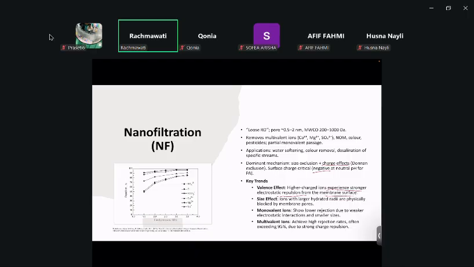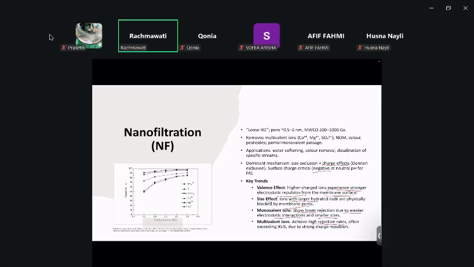And we also have the size effect, where ions with larger hydrated radii are physically blocked by the membrane pores. For monovalent ions, it shows lower rejection due to the weaker electrostatic interaction and smaller sizes, while multivalent ions can achieve high rejection rates, often exceeding 95%, due to the strong charge repulsion.